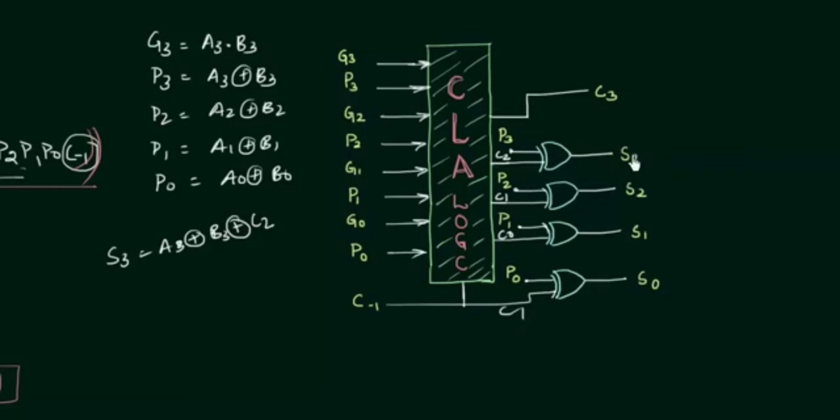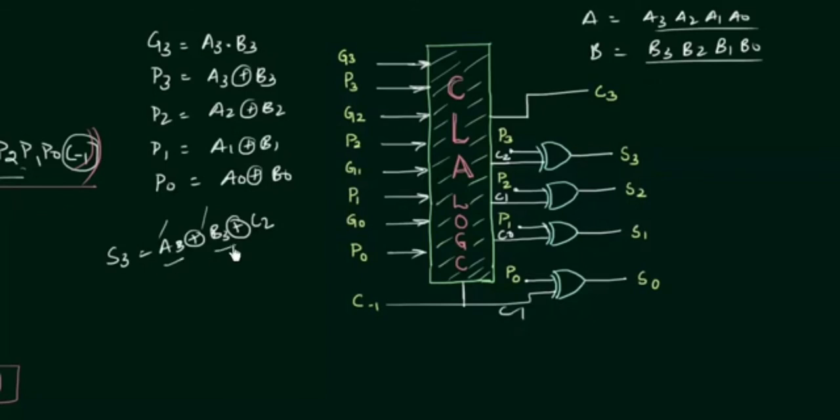So we can have our sum 3 directly because A3 and B3 are already given in the question. A is A3, A2, A1, A0, and B is B3, B2, B1, B0, the 4-bit numbers that we want to add. So we already have this information.